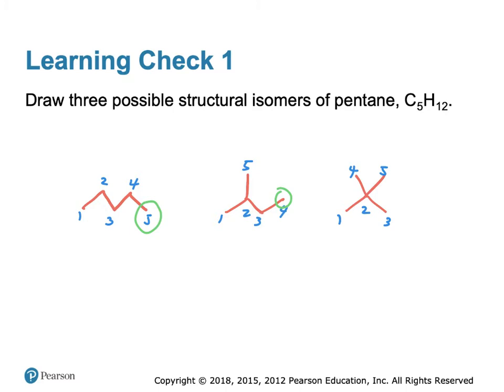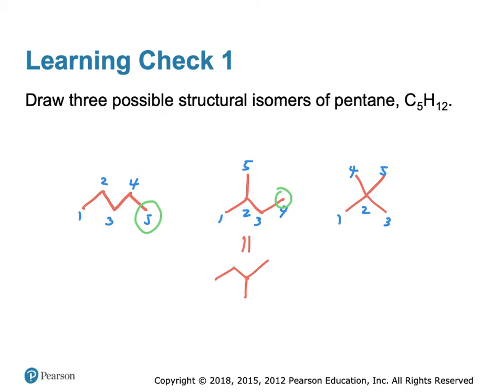What I'm going to do is redraw this chain here. And I want you to realize that these 2 molecules are the same. If you were to flip the bottom one over and then rotate it, you would get it to superimpose. So those are exactly the same. So these are the 3 possible structural isomers of pentane.